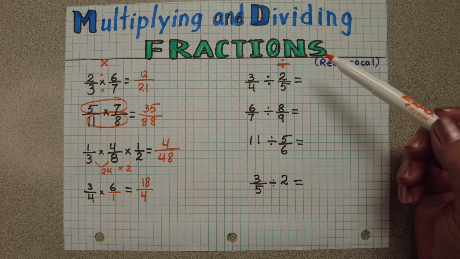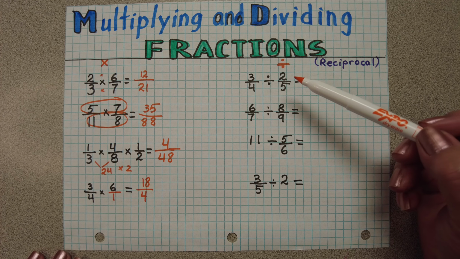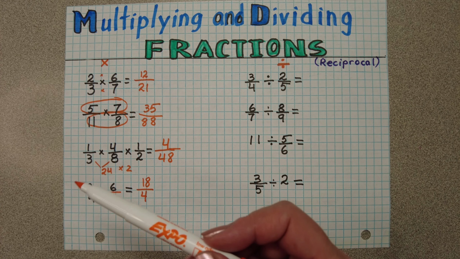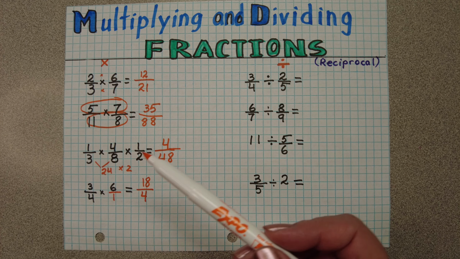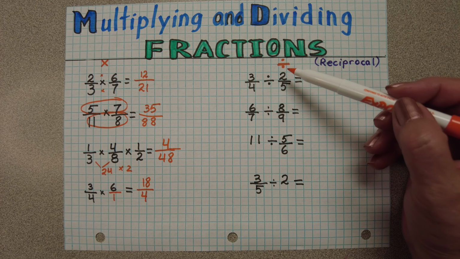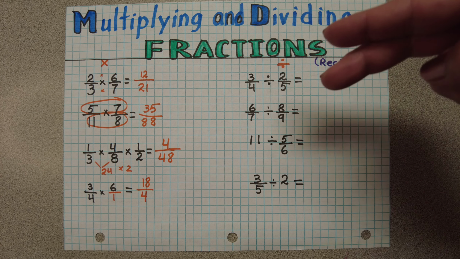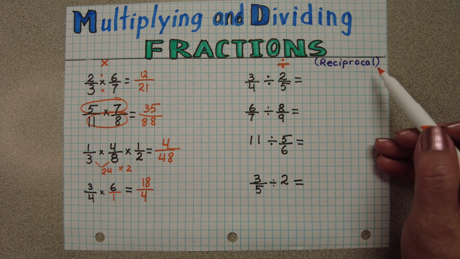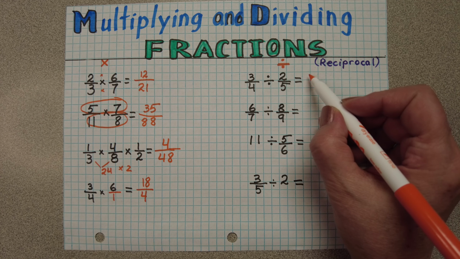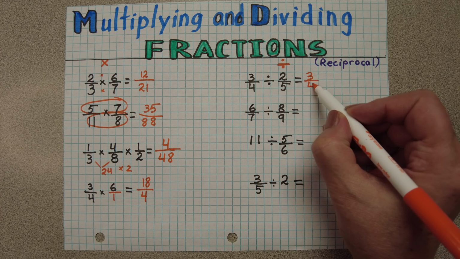Okay, for division, we again use multiplication. Only in this case, we turn the second fraction opposite. We call it reciprocal. We keep the first fraction the same, 3 over 4.